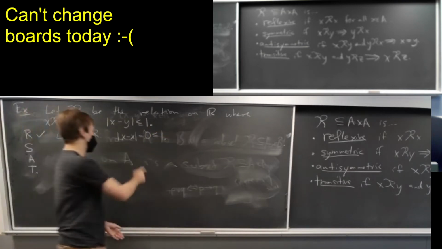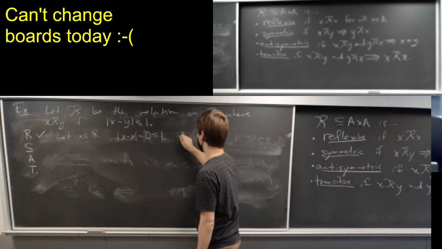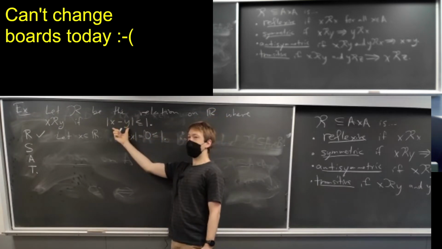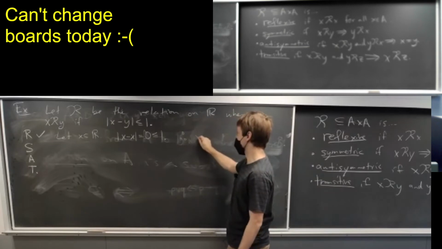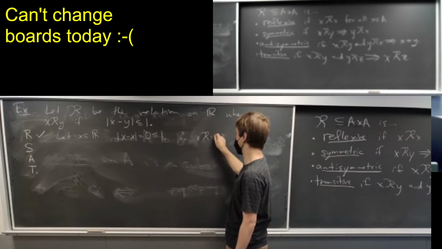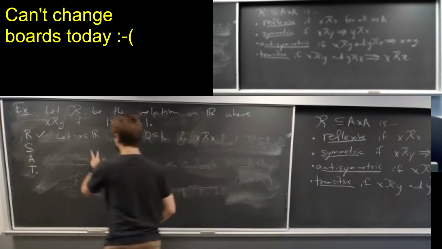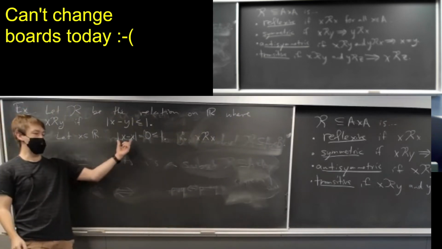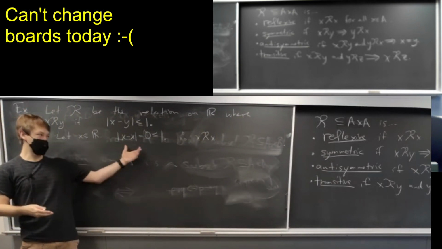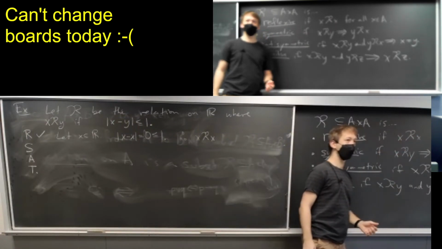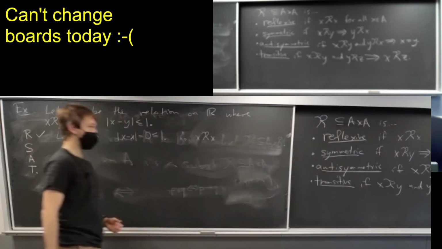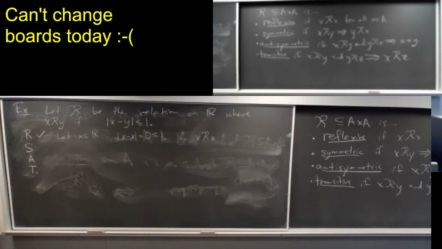So x and x satisfies the condition, so x is related to itself. For any real number x, this verifies that x is related to itself. That's what reflexive means, that x is related to itself for every x.